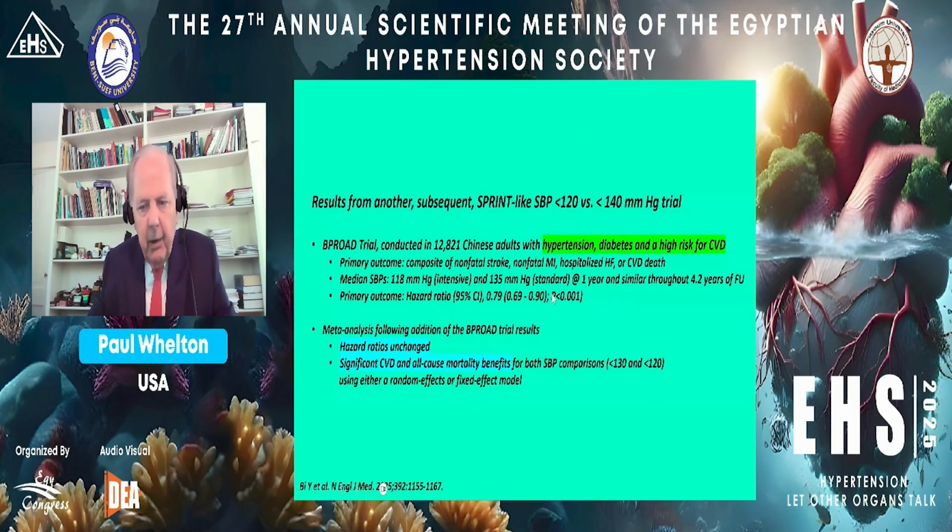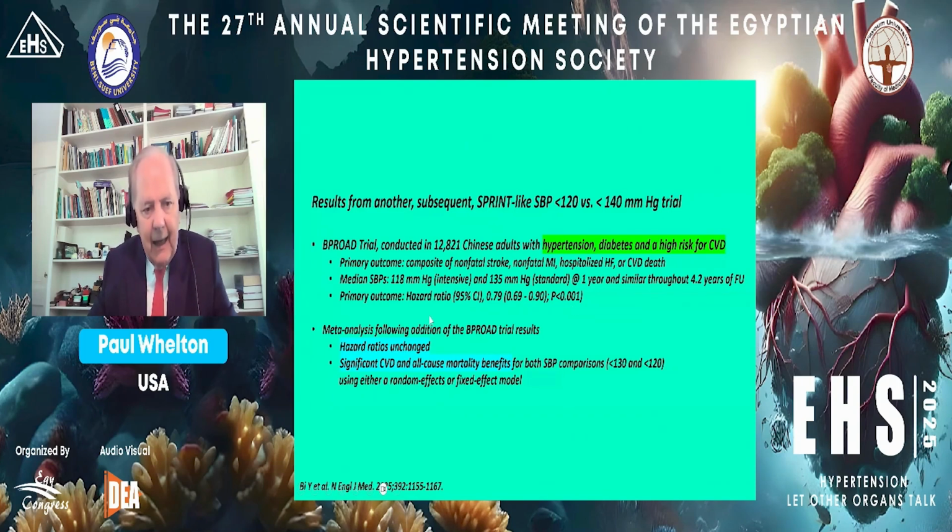They got good blood pressure differences during the 4 years of follow-up, and the primary outcome was highly significant, with a hazard ratio of 0.79 and a very substantial p-value.